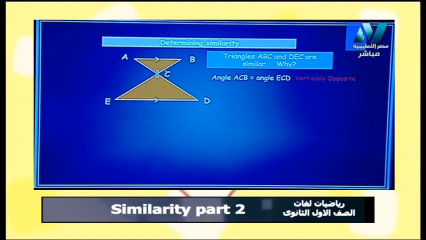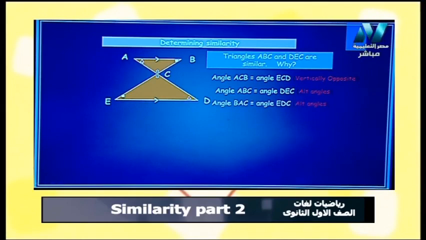Angle ACB is congruent to angle ECD, or measure of angle BCA equals measure of angle ECD, and angle B equals angle E because of alternate angles, because AB is parallel to ED. This angle B equals this angle E because of alternate angles.